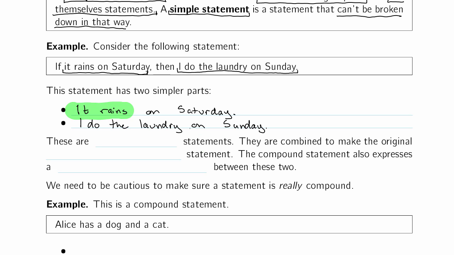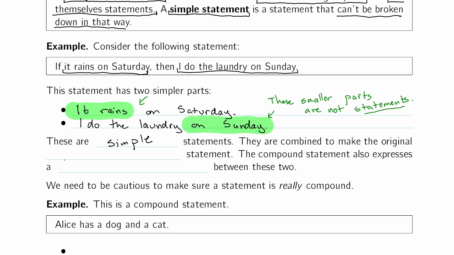Or I couldn't just say on Sunday, right? Though that wouldn't be a statement. On Sunday what? Tell me what. These smaller parts are not themselves statements, so we can't do this kind of breaking down with them. In other words, these two simpler parts are simple statements.